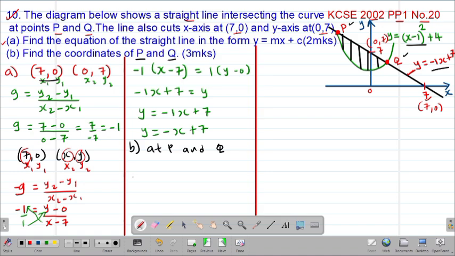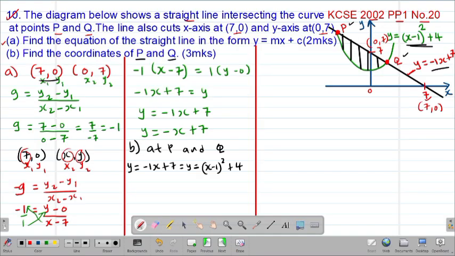Therefore, at that particular point, the equation of the line, which we have gotten as negative 1x plus 7, must be equal to the equation of the curve, which is given as (x minus 1) squared plus 4.